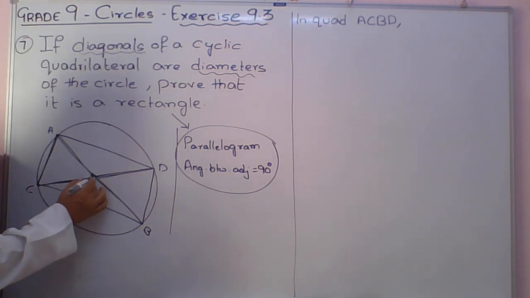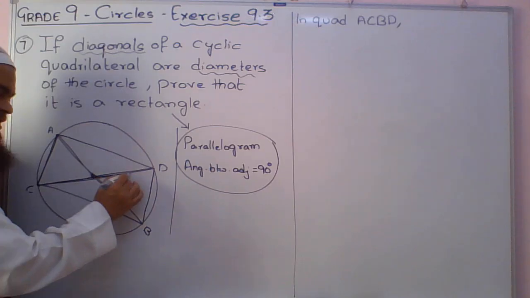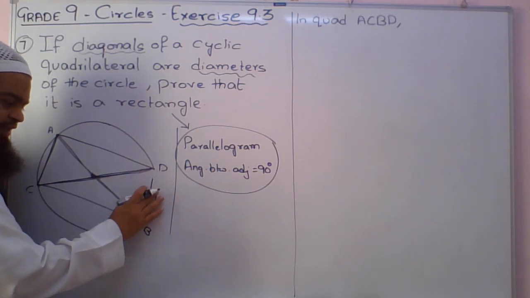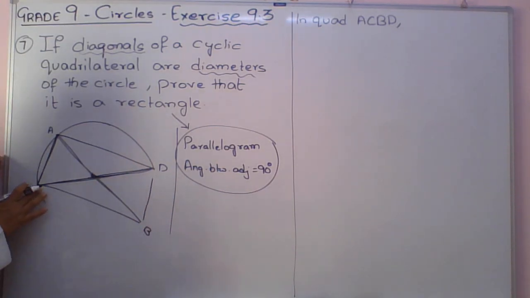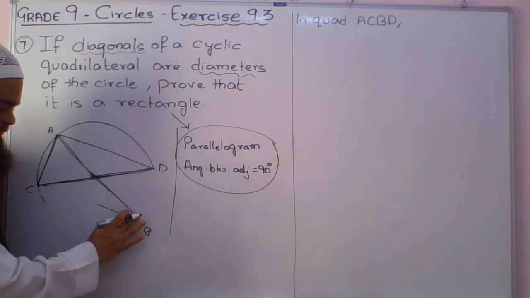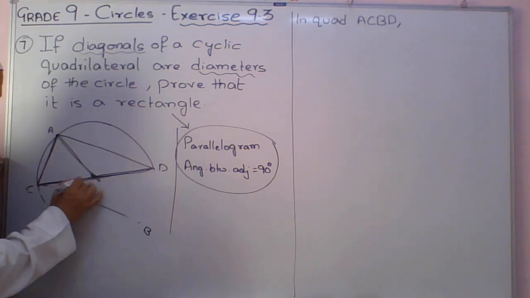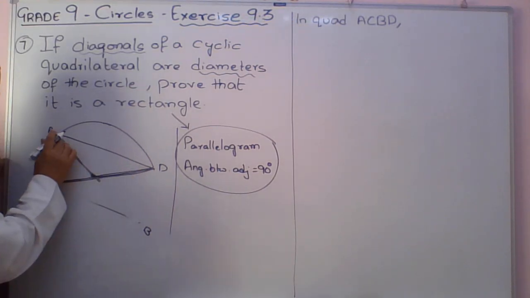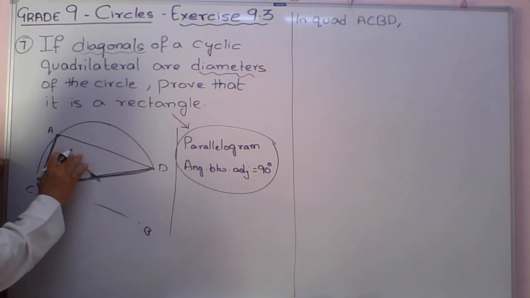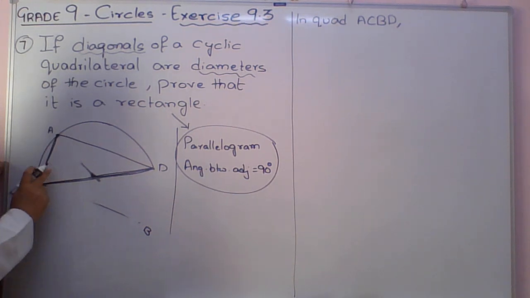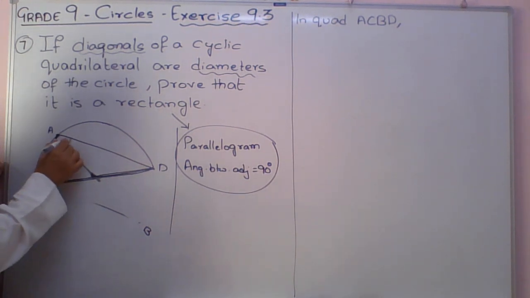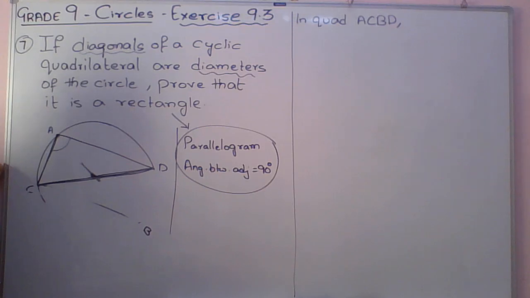Since it is passing through the center, it is a diameter. Now try to visualize this one. Let us say you don't know about the rest of this circle and these 2 points. So what happened, my dear students? It is a diameter, so the angle subtended, you remove this also. Now the angle subtended in a semicircle is how much? Is it 90 degrees? So is angle A 90 degrees?